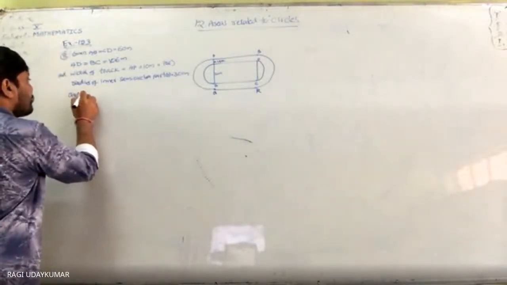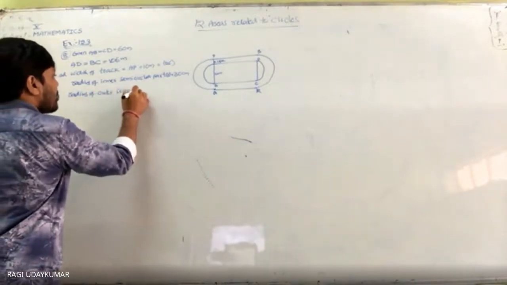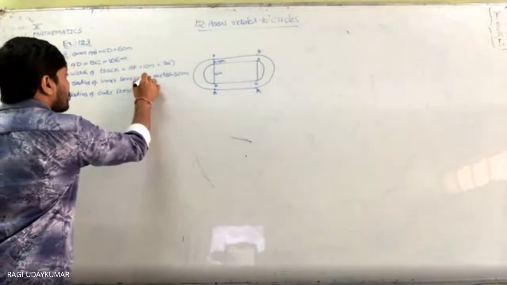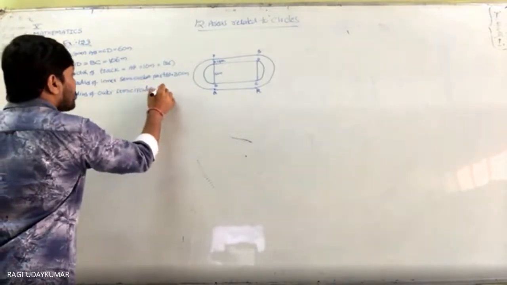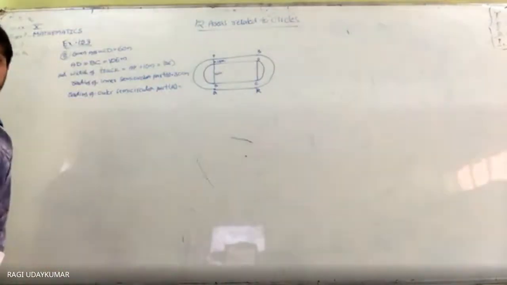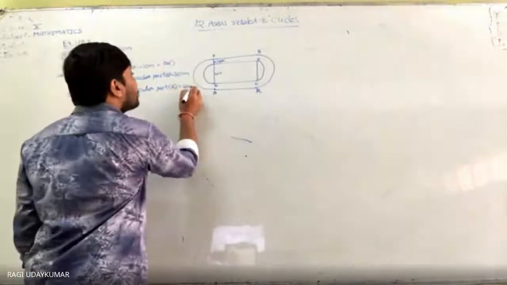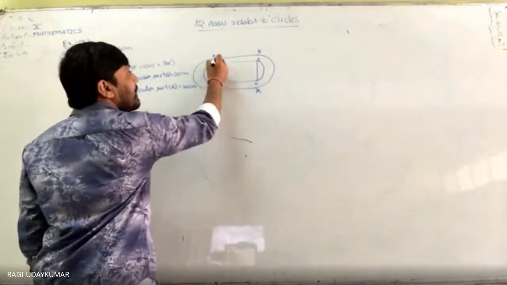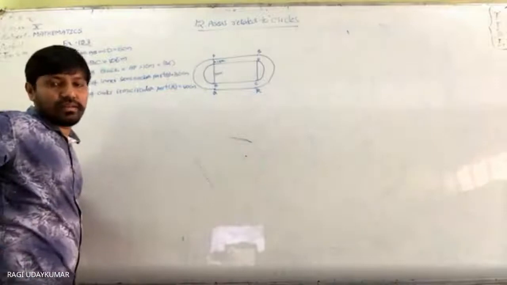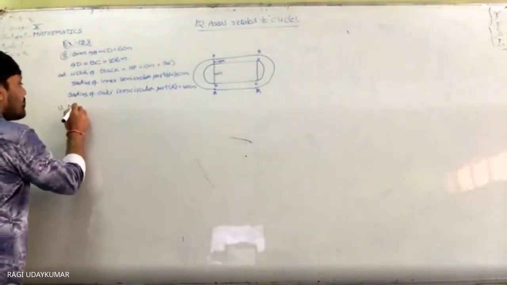Radius of the outer semicircular part, this is represented by capital R. Can anyone see what it is? What do we get? We are going to get 40 meters, because the 30 and the width given to you is 10.